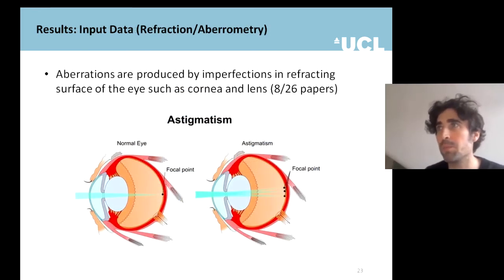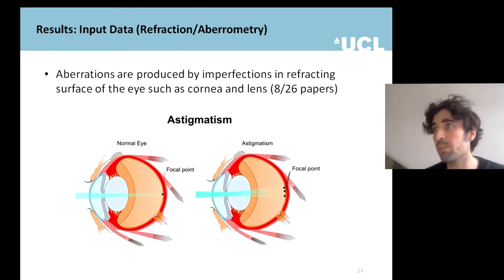Just going to give a brief run through of these different types of data. So refraction data, typically people are using aberrometry, and aberrations are produced by imperfections in the refracting surface of the eye. 8 out of 26 of the papers used this data.